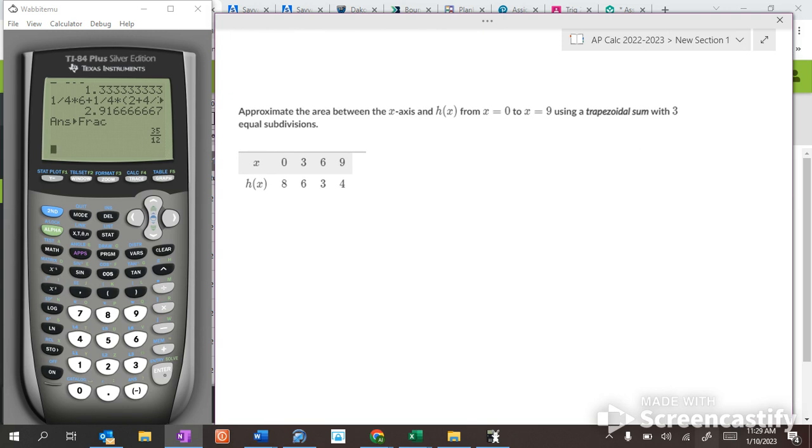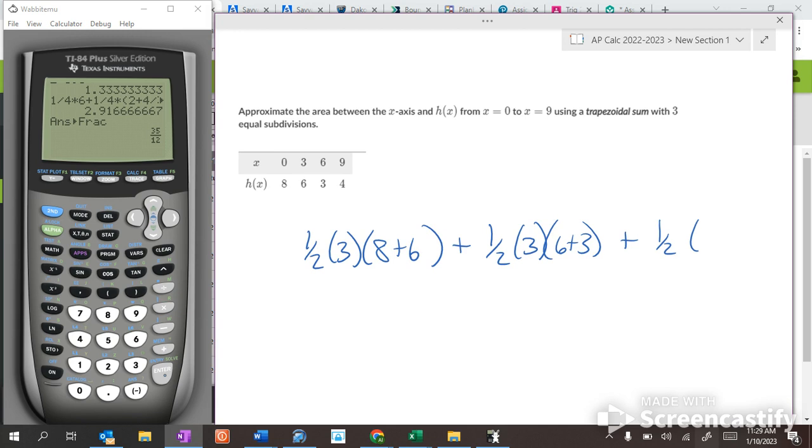Well, the x distance is our height, so we go 1/2 of 3 times, and then these are our two base lengths, 8 plus 6, plus 1/2 of 3 times 6 plus 3, plus 1/2 of 3 times 3 plus 4. Okay?